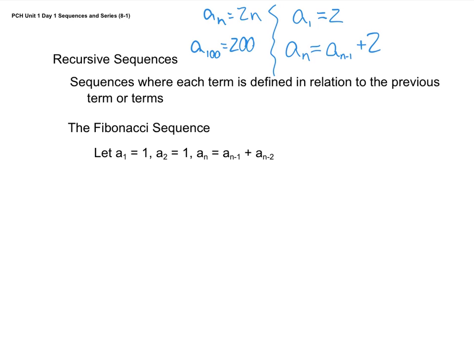Because we'd have to know what the 99th is, and the 99th you'd have to know what the 98th is, and so on, all the way down until we got to 1, okay? So this is a recursive definition of this same sequence, and since we know this, we would prefer to use that explicit definition, okay? Does that make sense? Anyone have any questions so far?